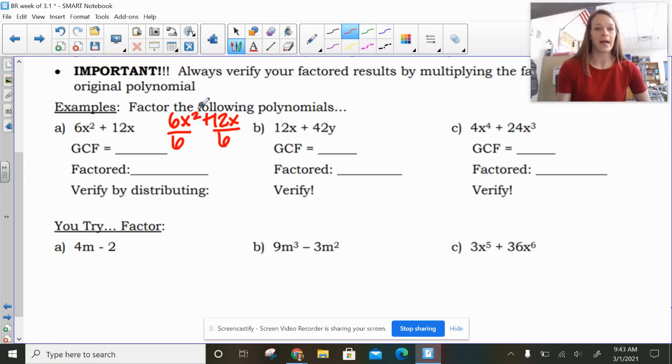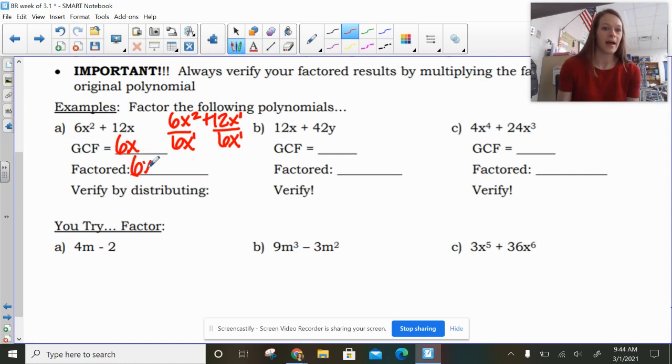Do they both have an x? Since they do, and this is an x to the first, you will have a greatest common factor of an x to the lowest power that you have. I have an x squared, I have an x to the first. X to the first is its lowest power.